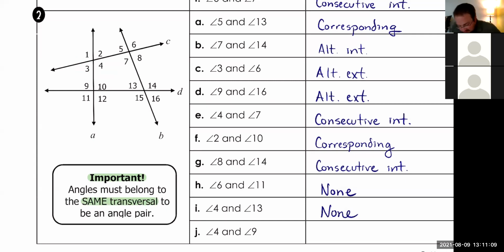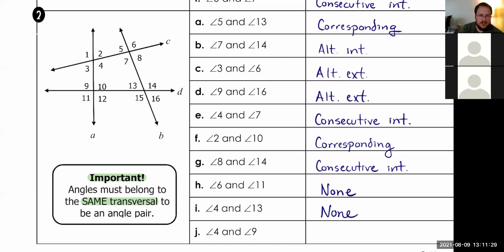Lastly, angles 4 and 9. This one, they are actually tied to transversal A. Is it alternate interior?